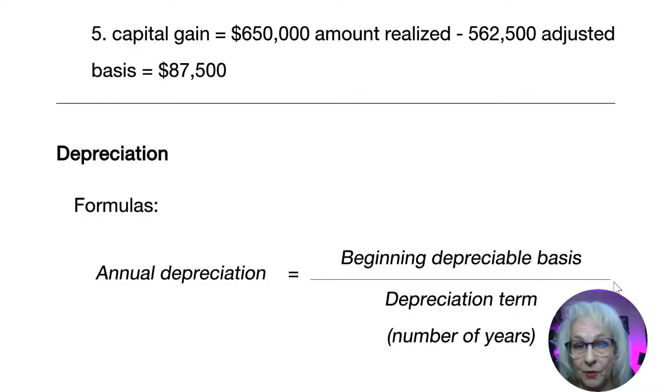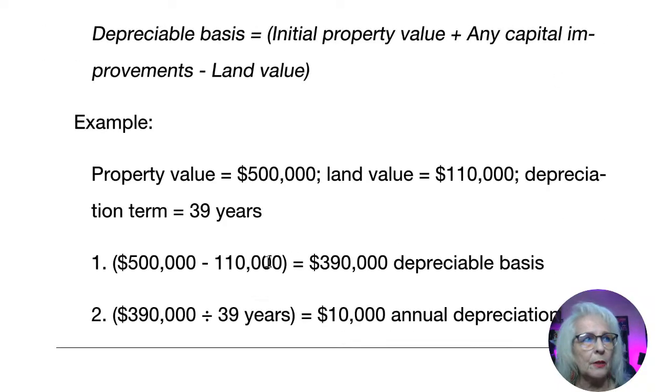I didn't own them for 27 years, but my accountant would depreciate 1/27th each year. So the depreciable basis is the initial property value plus any capital improvements minus the land. That's only used to calculate the depreciable basis. What is the value that the accountant is going to depreciate each year? They've got to subtract the land because land is not depreciable. Hope you remember that, all those times I repeat it.